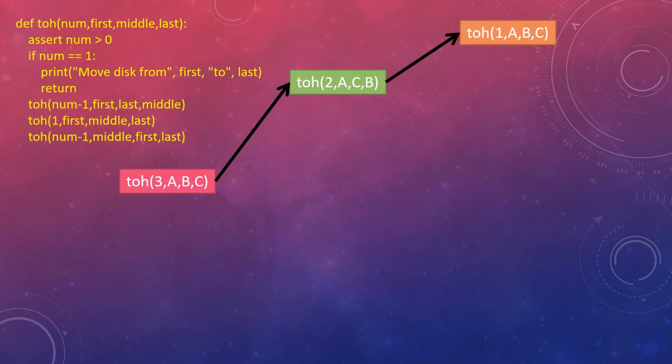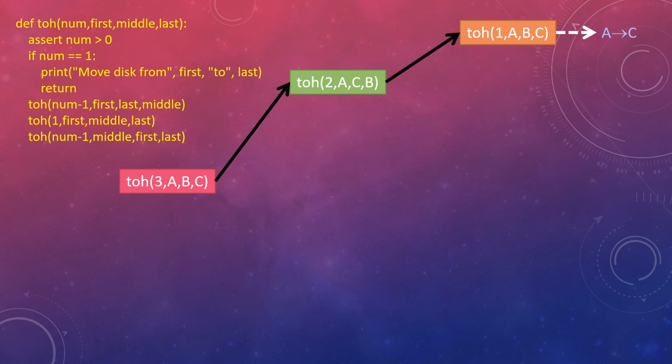This will translate into a move. The move is from A to C. And then the function instance, that is orange, will return to the function instance which is green. The first recursive call is complete.